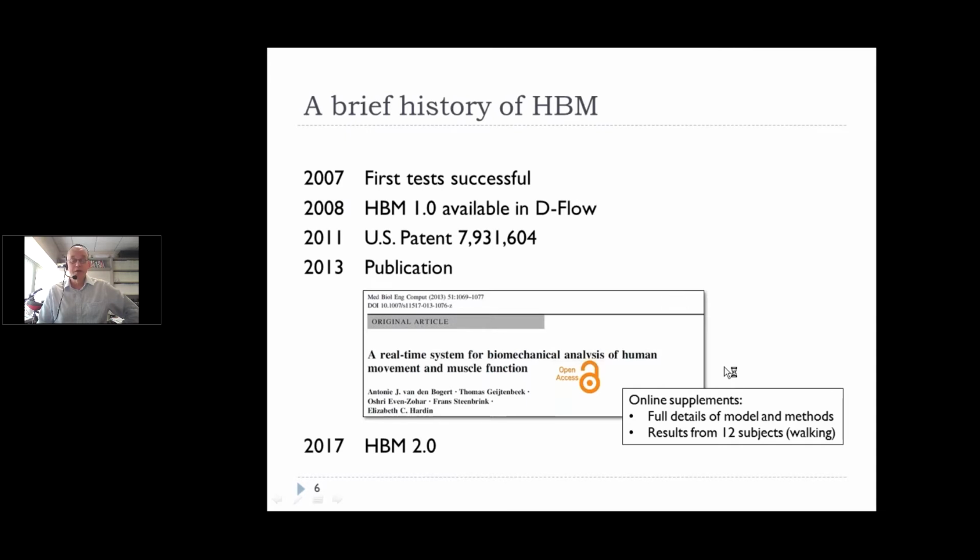It is open access, so you don't need a subscription, and there are a few online supplements with it, with the full details of the model and the computational methods, and then also it has Excel files with results from subjects that are walking. And then, as mentioned before, there was a 2.0 version released this year.